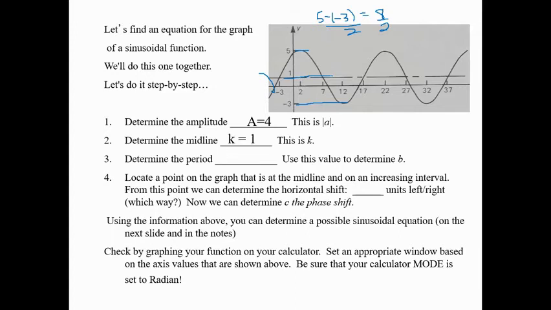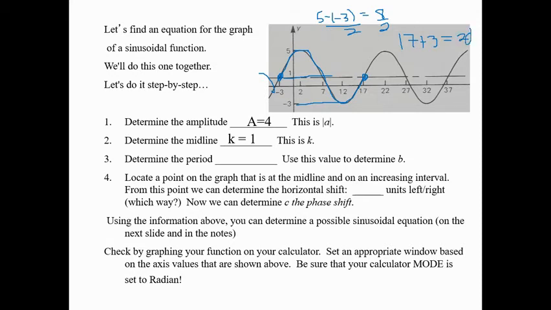Now we have to determine the period. And the way that I determine the period is I looked at this point here at -3, and I traced out the wave until it hit the midline again at the correct spot of 17. So I literally would have 17 plus the 3 that's on the other side, and that's going to give me 20.